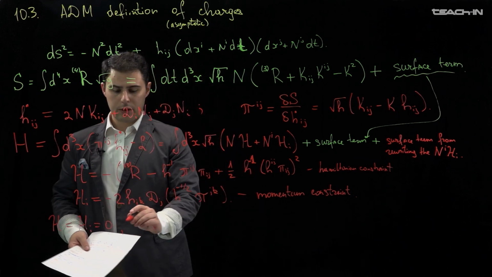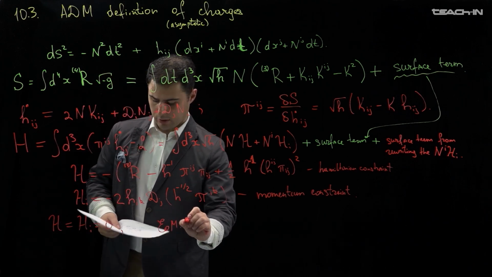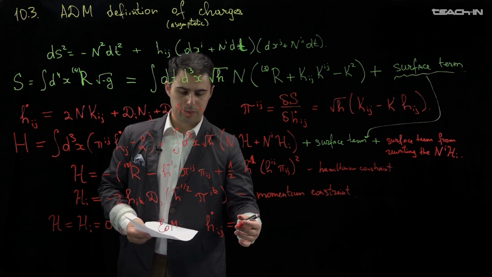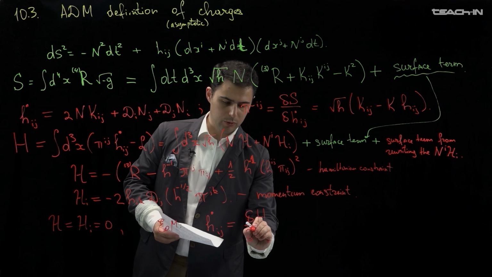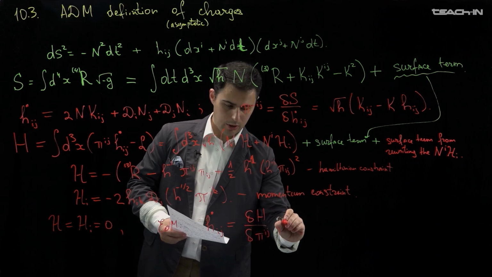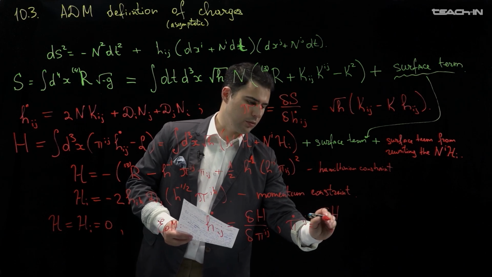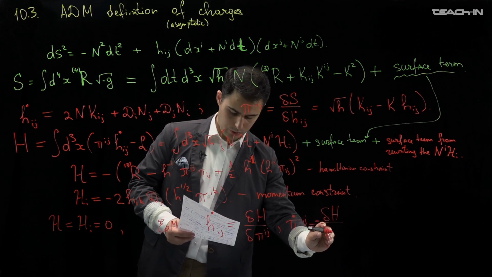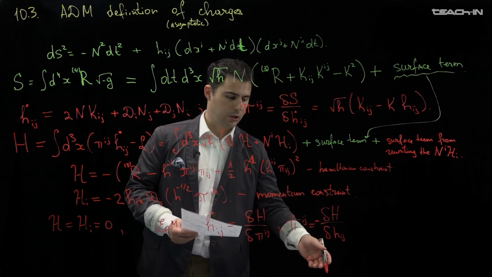The other equations of motion are then given by, well, as usual for the Hamiltonian setting, the time derivative of h_ij is the variation of the Hamiltonian with respect to the conjugate momenta P^ij, and the evolution of the conjugate momenta is minus the variation of the Hamiltonian with respect to the metric h_ij.